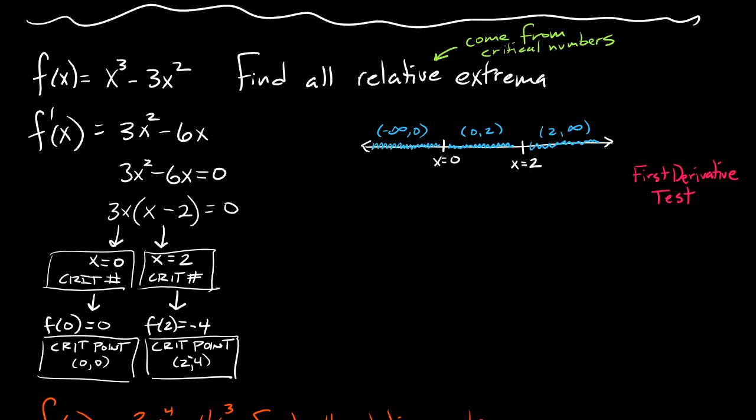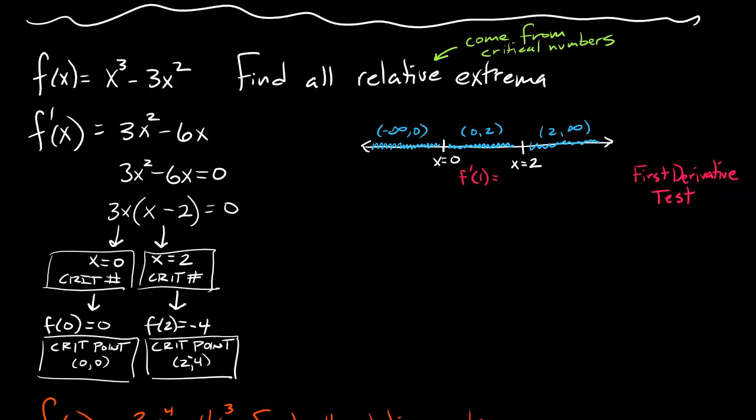So I pick a test point from 0 to 2. Let's just pick one. That seems like an easy choice. And I'm going to test it in the first derivative. Now, I technically don't care what the answer is. I only care if it's positive or negative. You're going to have some easy equations that are easy to find the answer to, and you're going to have some difficult ones.